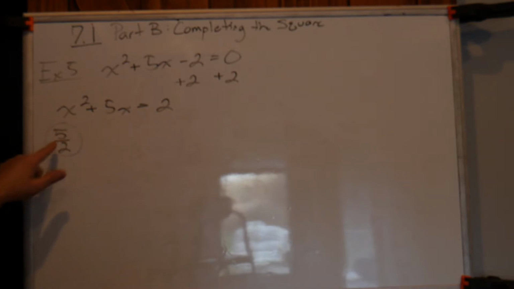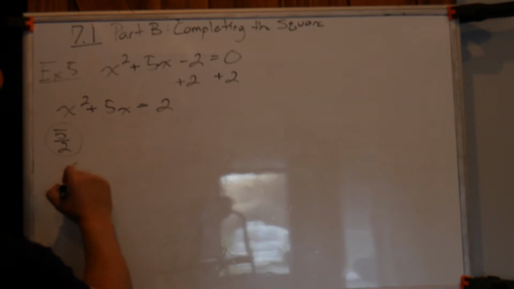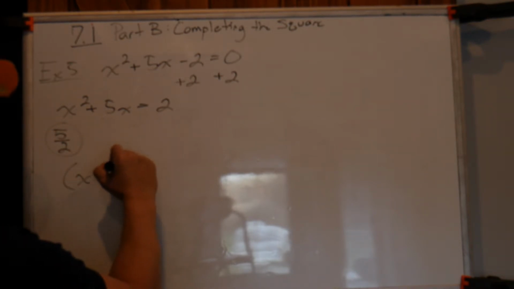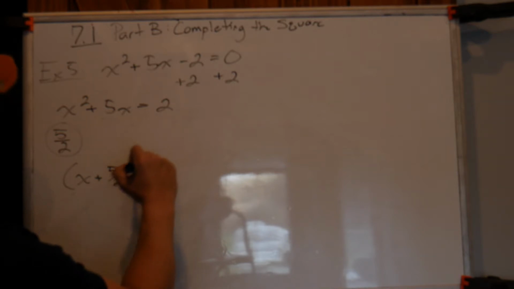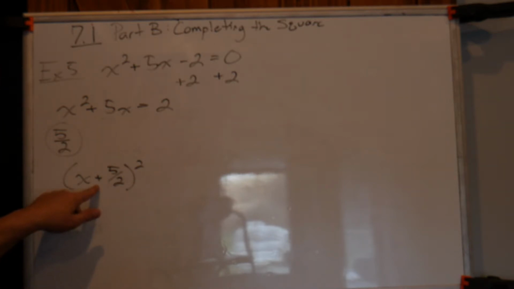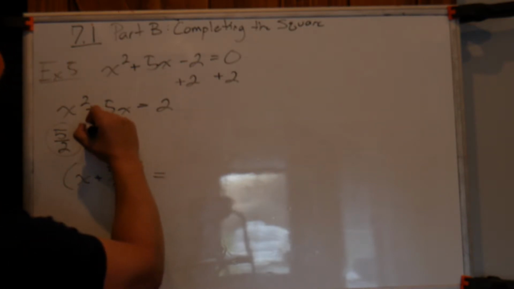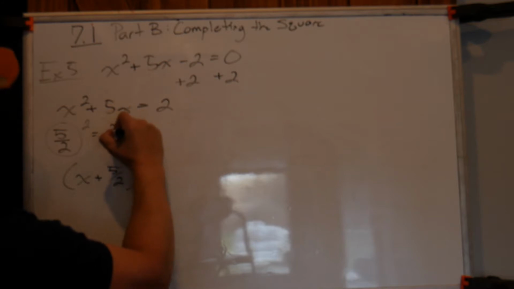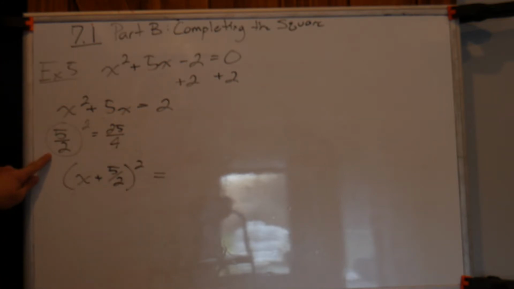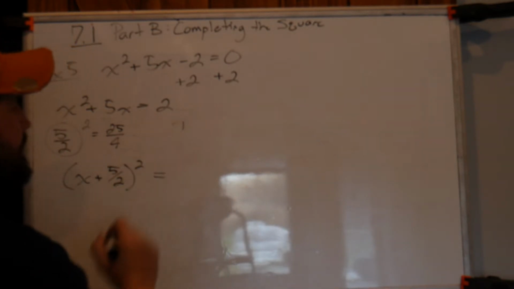It's a positive 5, I have positive 5 halves. I know right away that's my left side. Well, when I square it, I get 25/4. That's the number I'm adding over here.